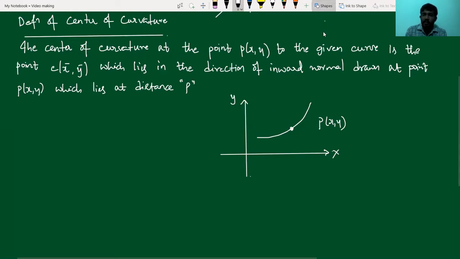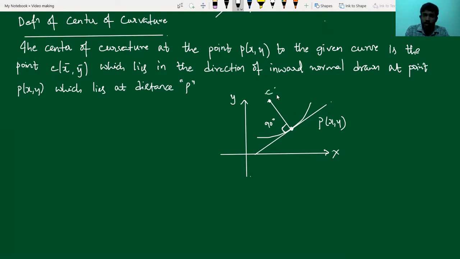For that, we need to have a tangent first. So I'll draw a tangent to the point P. Now we know the result that normal vector is always at right angle to the tangent. So this be the normal vector. So the angle between the tangent and the normal will be 90 degree here. So according to the definition, this center of curvature x bar y bar lies in the direction of inward normal. Obviously this point should lie on the normal.